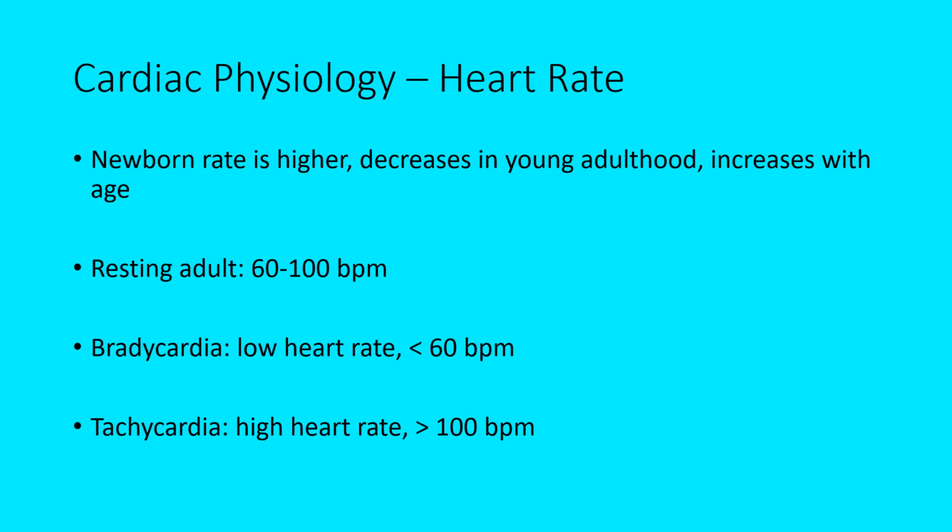Once again, you need to know what's normal for you. I have a daughter who is very healthy, in shape, young. She's in her mid-20s. Her resting heart rate is probably about 105 beats per minute. Hers has always been high.